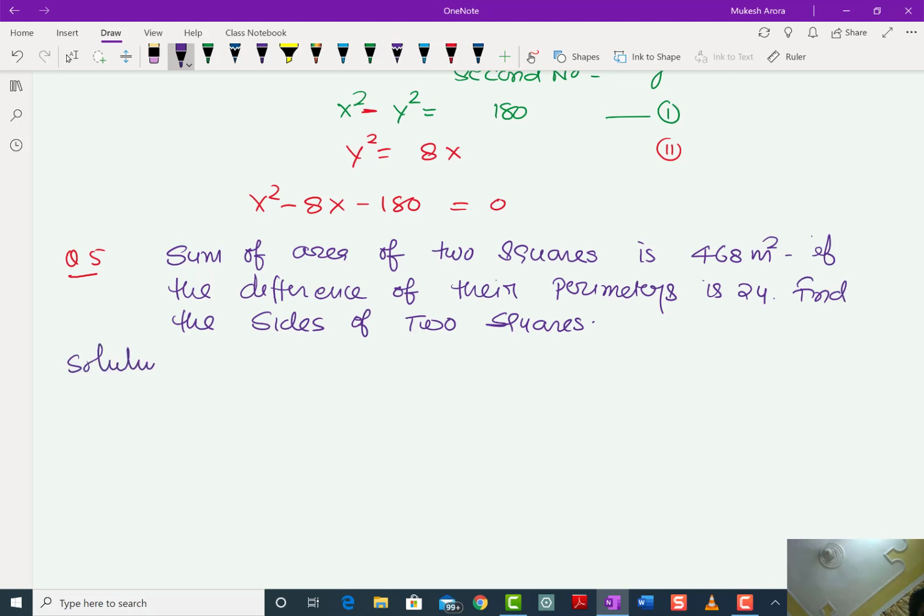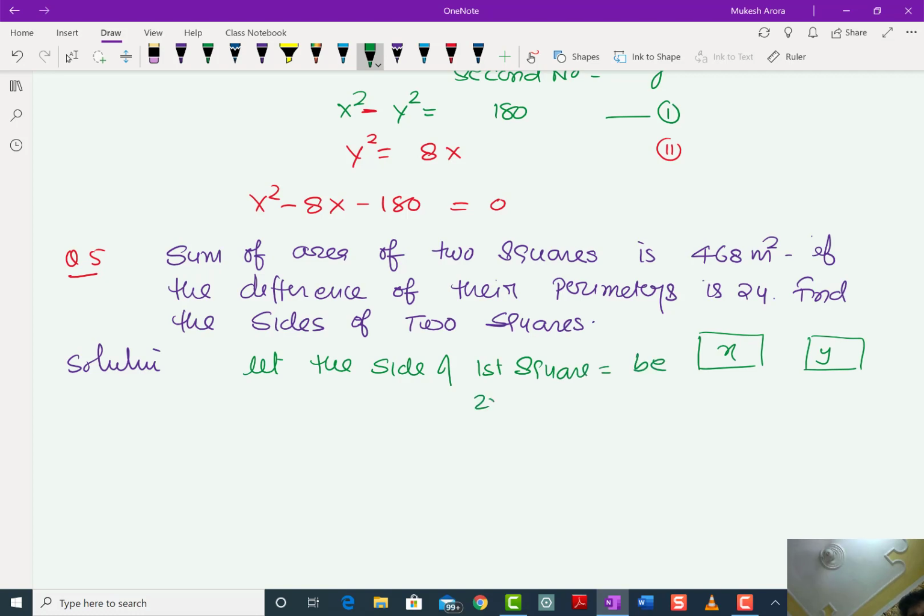Simple. Let the side of the first square be x and the second square be y. The sum x square plus y square is equal to 468.